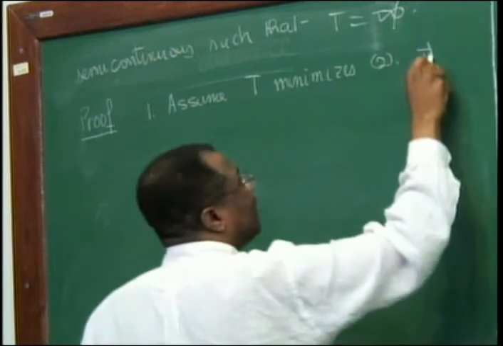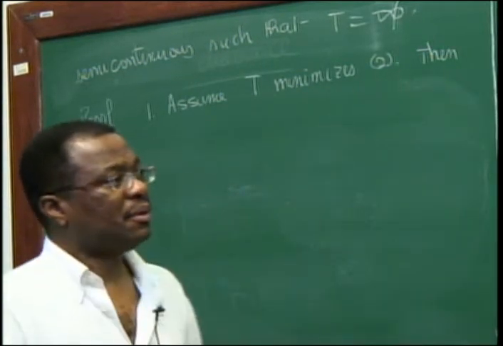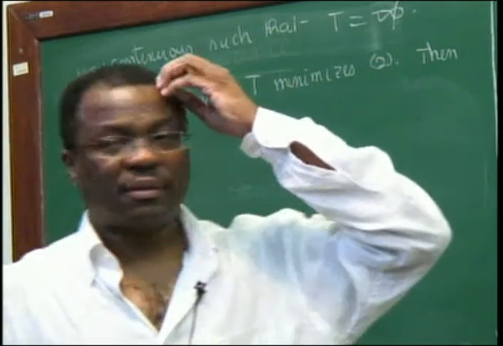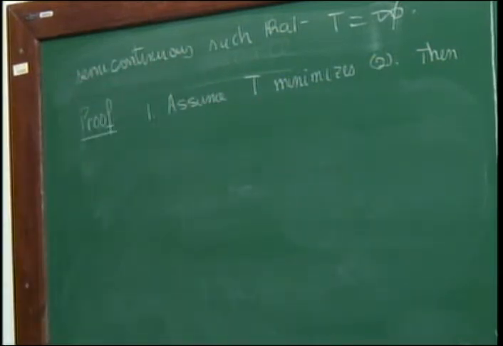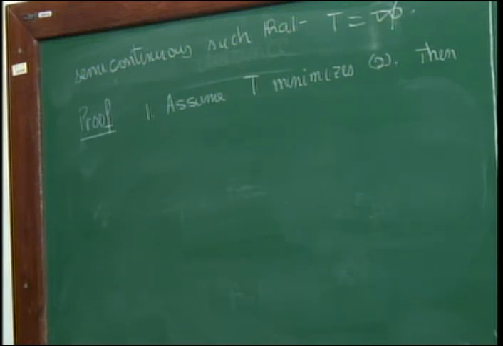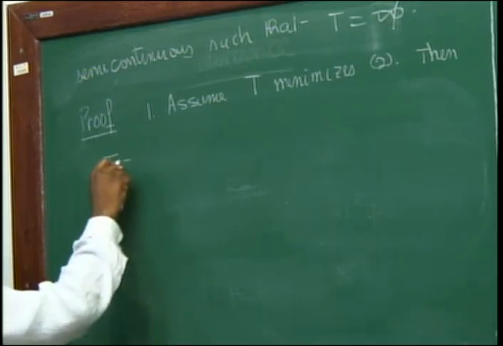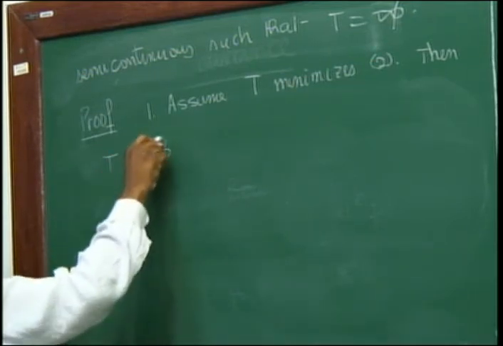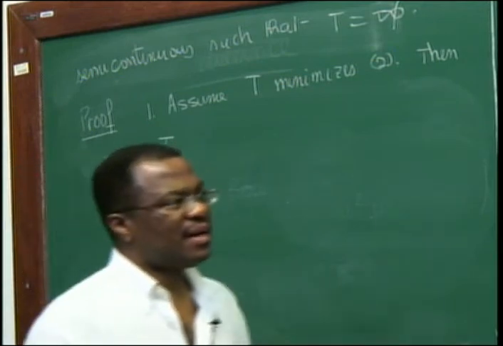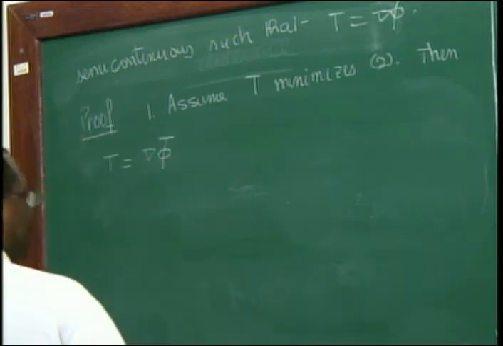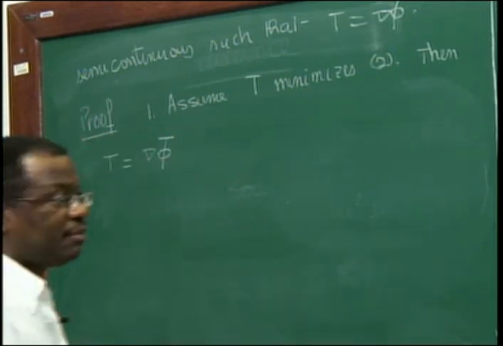Then, this result is by Brenier, this corollary. Then T equals the gradient of phi star by (5), by the remark.